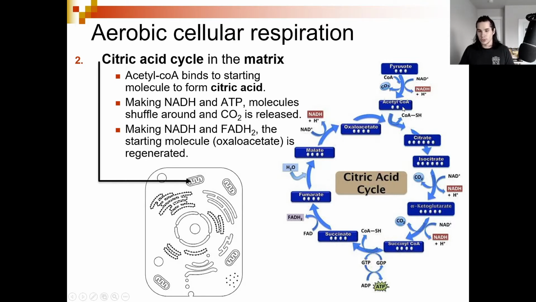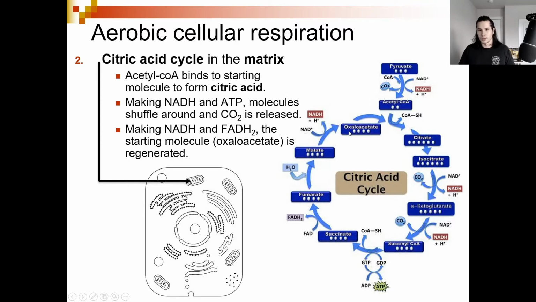So you've got this 2-carbon molecule, which is now fused with this 4-carbon molecule to make a 6-carbon molecule we call citrate. So that's where citric acid cycle gets its name. The first product that we get in this cycle is citrate.